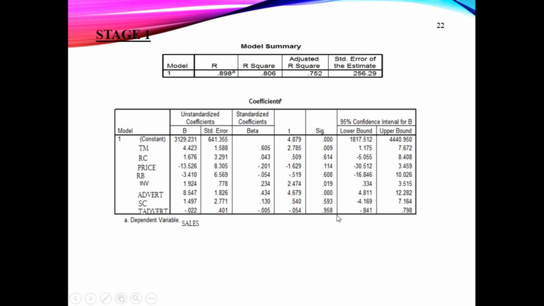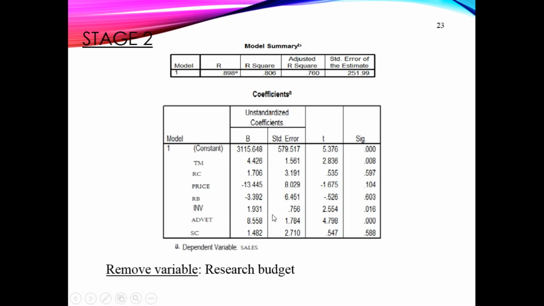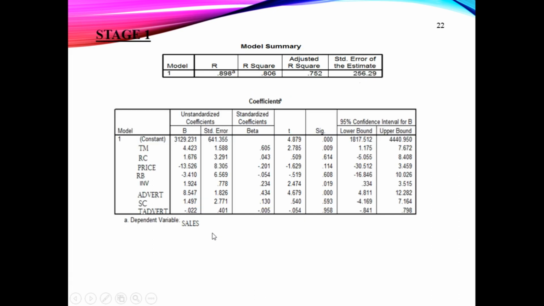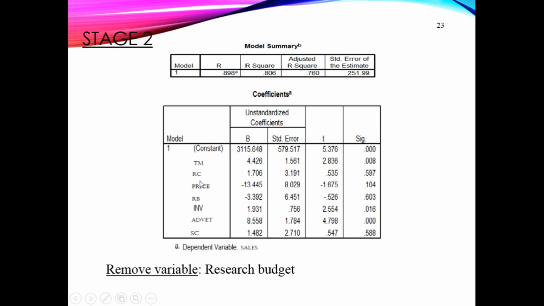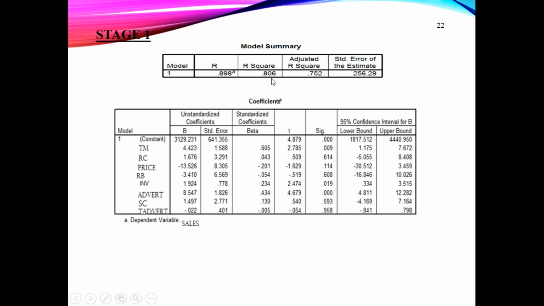The variable will be removed at this stage, and at stage 2 we have a model estimated without total sale that we had in the first stage. In the second stage, you see that R square didn't really vary.